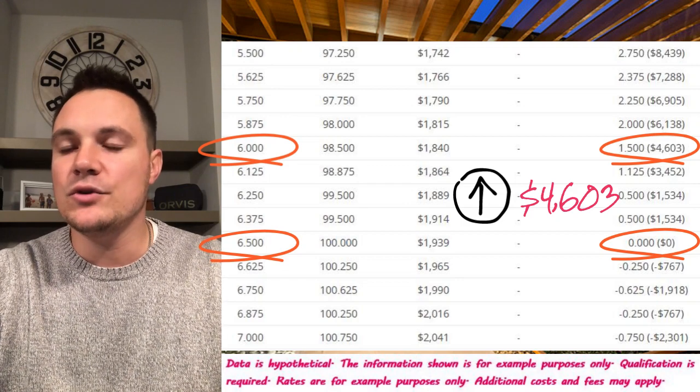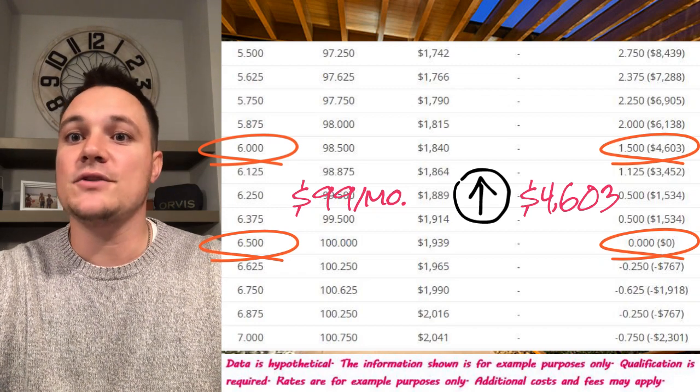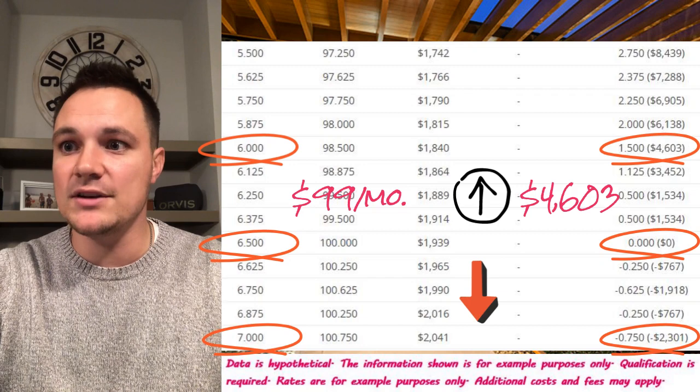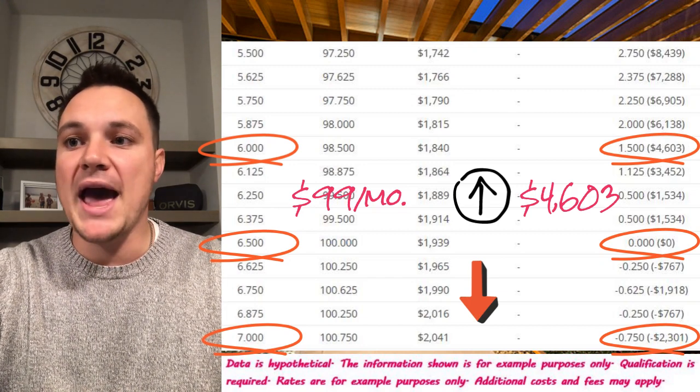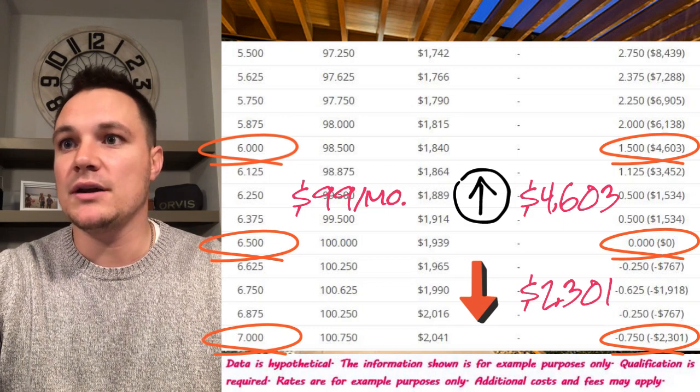And that reduced your payment by, what is that? $99. Whereas if you did the opposite, if you increased your rate by 0.5%, going from 6.5% to 7%, you would get back $2,300, $2,301 in closing cost credit.